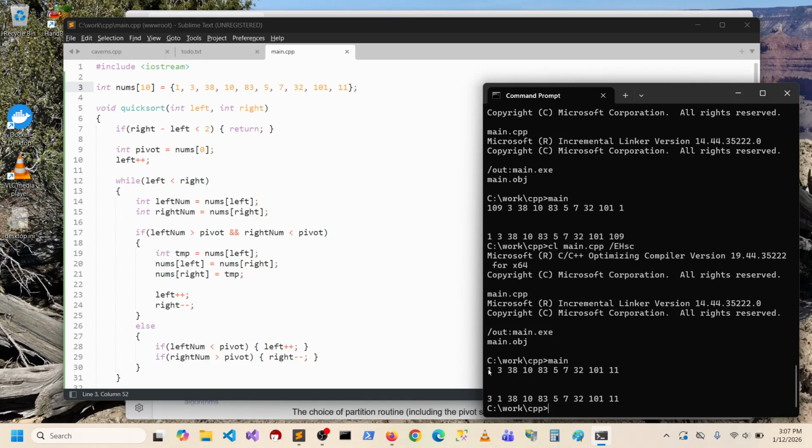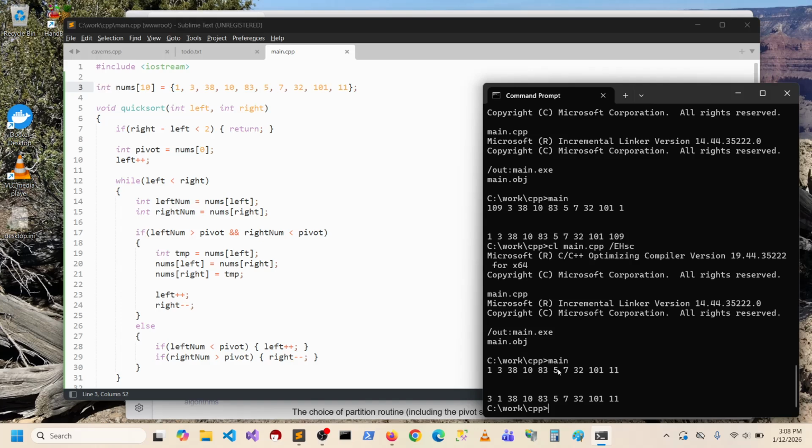So on these, the left started at 3. Right is 11. Everything is greater than 1. So right should be right here on the 11. It's not less than 1, so it's going to move forward. This moves to there. Right goes to 5. They should end up equal at this point.